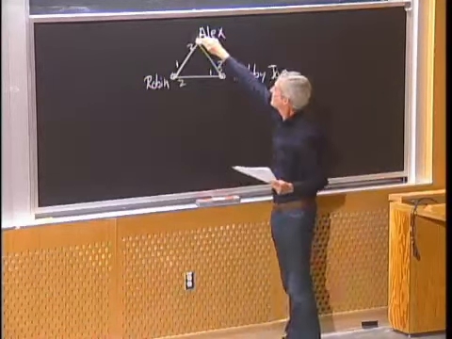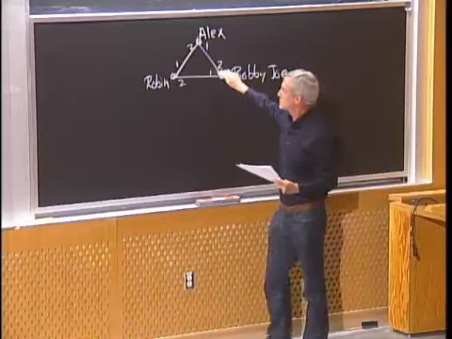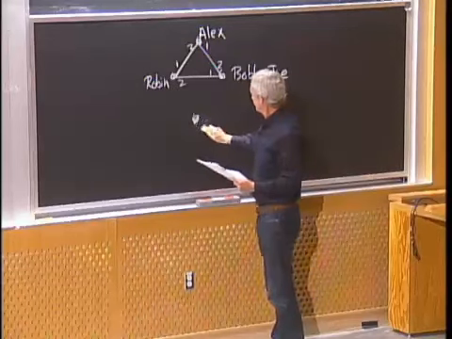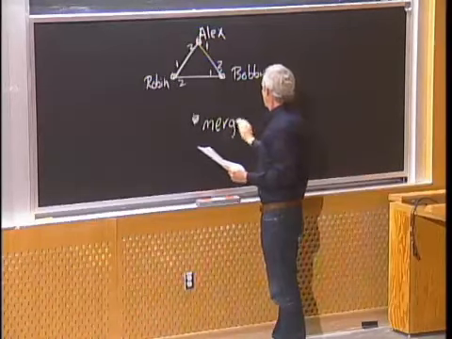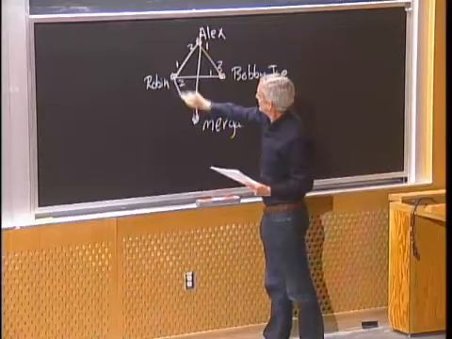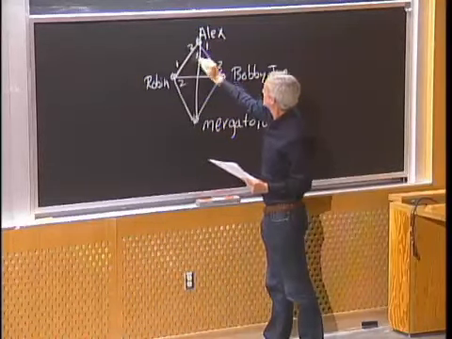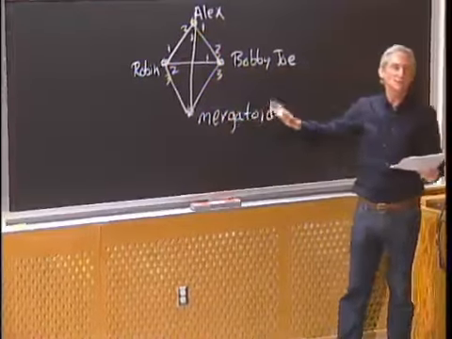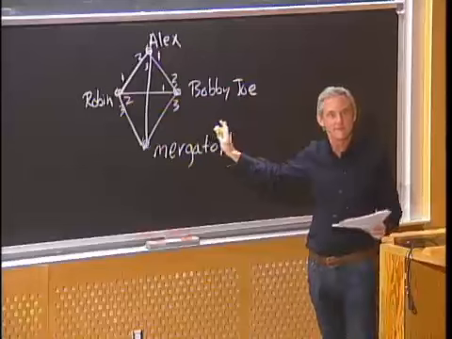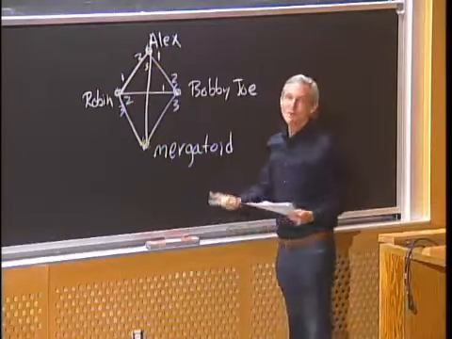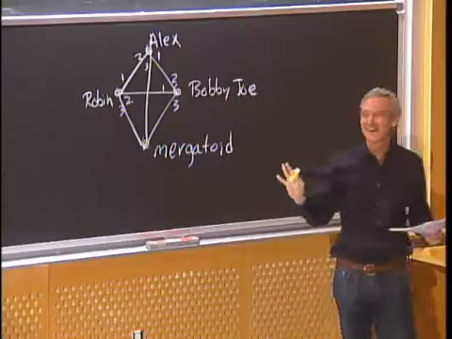All right, so Alex wants to be with Bobby Joe, who wants to be with Robin, who wants to be with Alex, and then there's Murgatroyd. And nobody likes Murgatroyd, so that's choice 3 for all of them here. And Murgatroyd's preferences don't really matter in this case. Hope nobody's named Murgatroyd in the class.